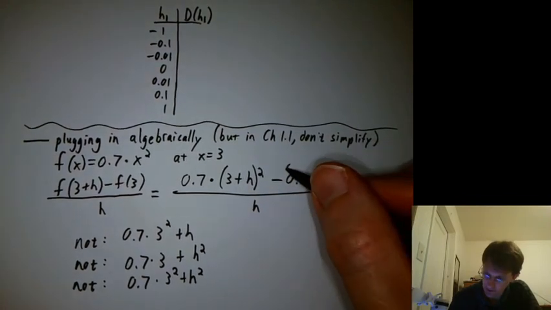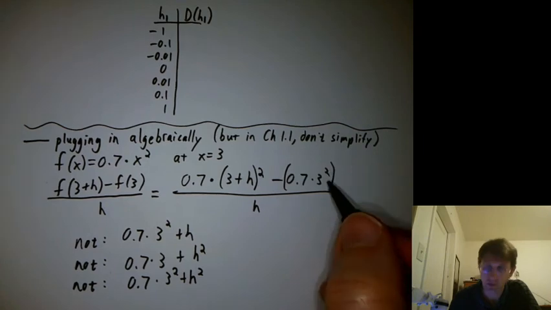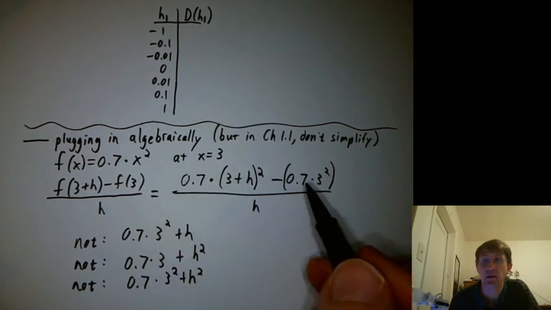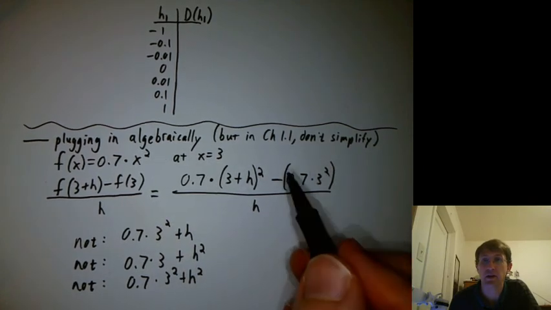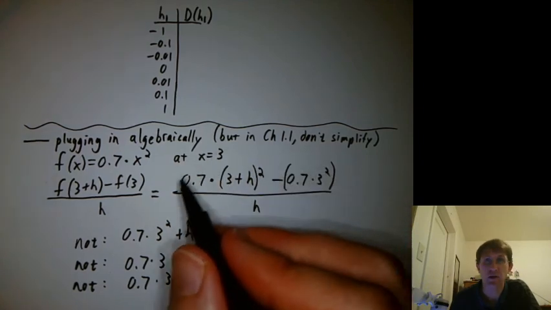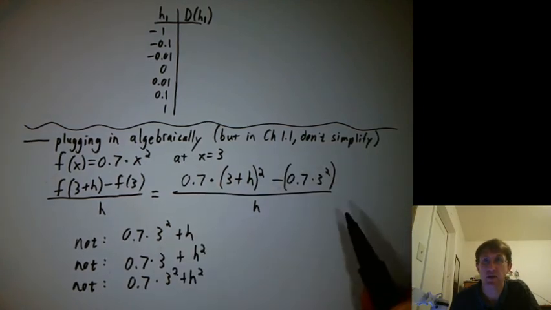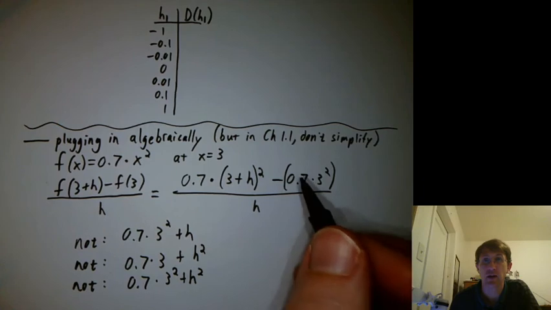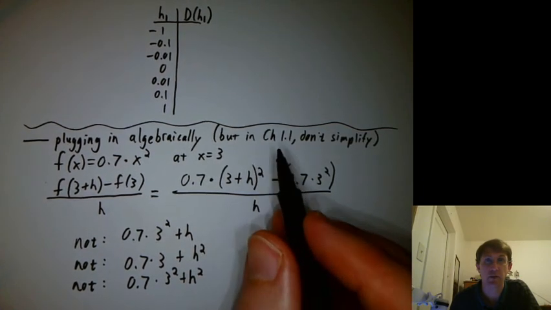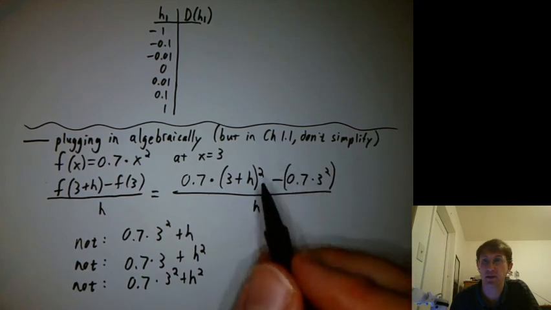It's also a good idea to protect this part with parentheses, because if it had another term to it, if it was 0.7x squared plus x, then we would have two terms here and we'd need the minus to apply to both of them. So doing it this way algebraically is leading us toward chapter 1.3, where we will be foiling all this out and simplifying. But here in chapter 1.1, don't simplify past this point.